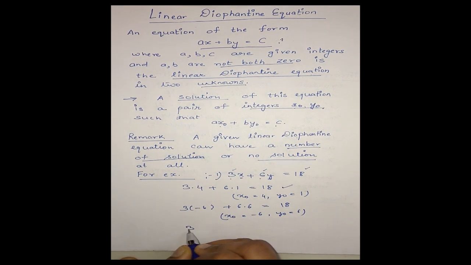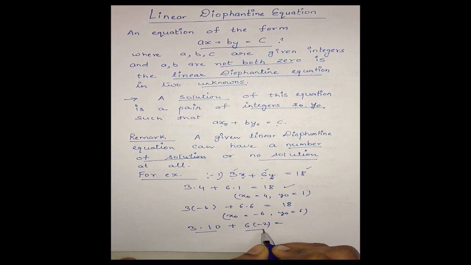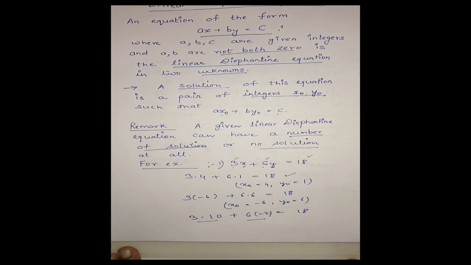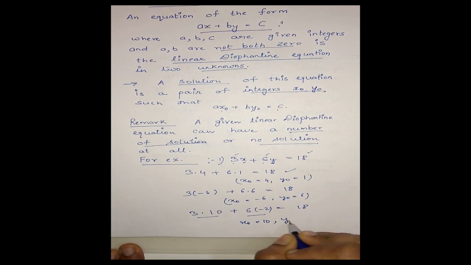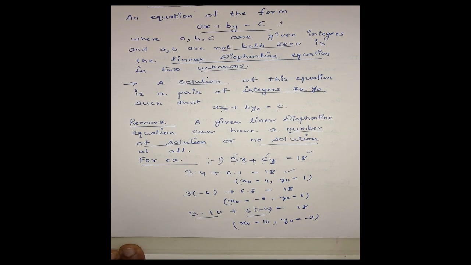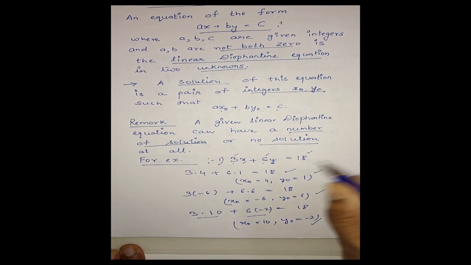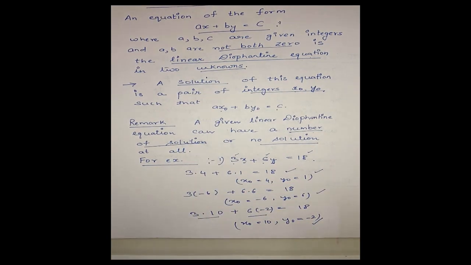Also, if I write 3 into 10 plus 6 into minus 2, that is 30 minus 12, that is 18 here. That means we have another solution where x naught is 10 and y naught is equal to minus 2. This is also a solution of this equation. Means this is a solution, again a solution, again a solution, so a linear Diophantine equation can have a number of solutions, more than one solution also.